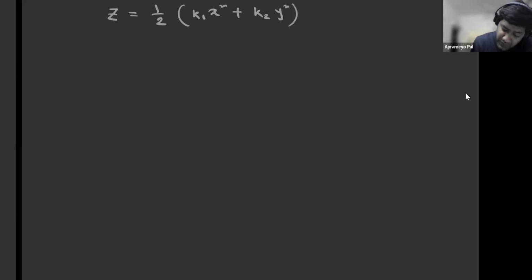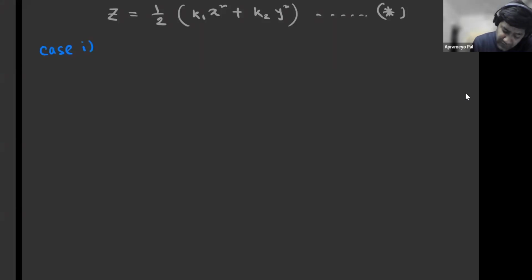So case one: z is half of (kappa1 x square plus kappa2 y square). Let me term this as star.